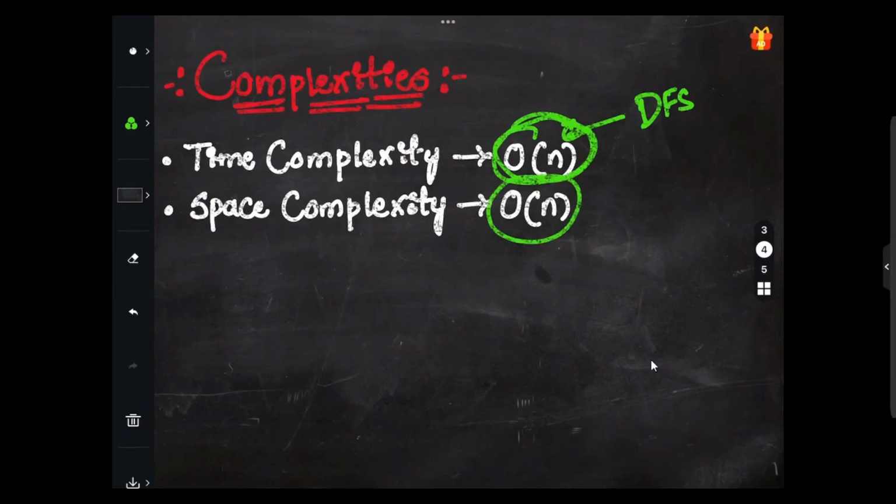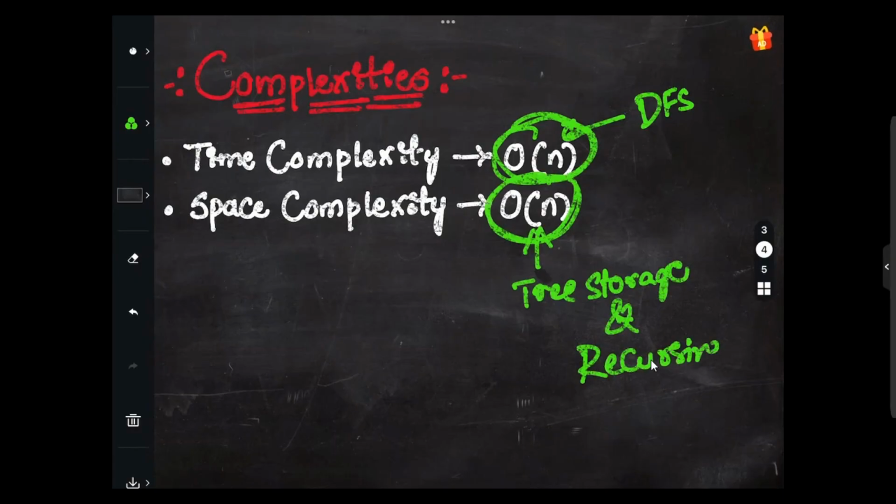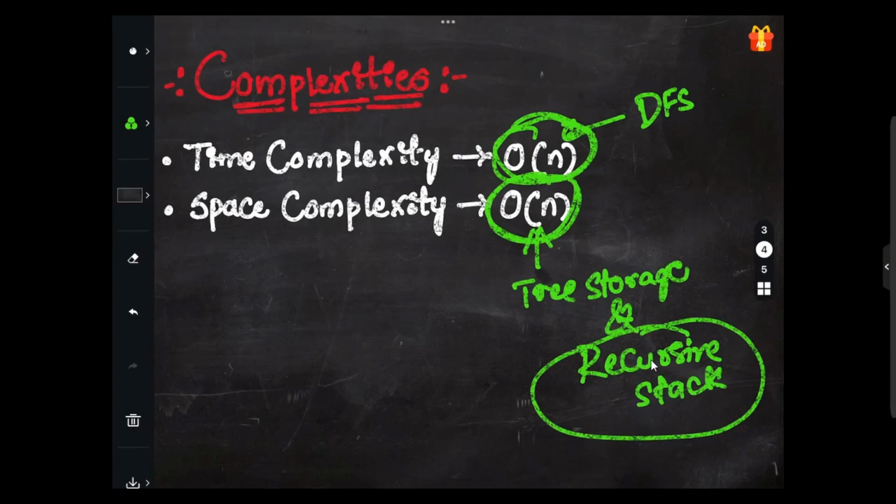What will be the space complexity here? Space complexity would be big O of n as well, because of the tree storage and the recursive stack, as we'll be going with recursion along with the DFS. The depth of the recursive stack is big O of n.